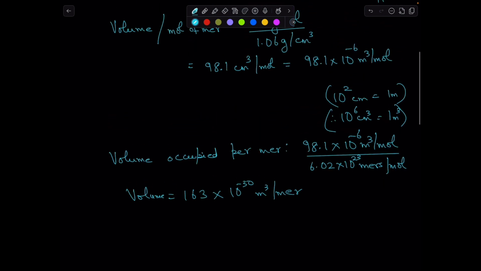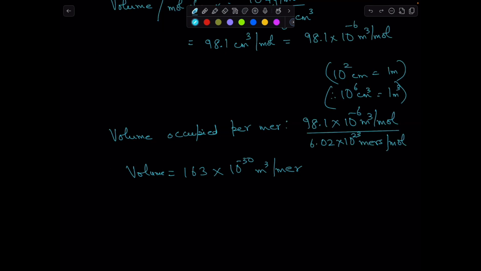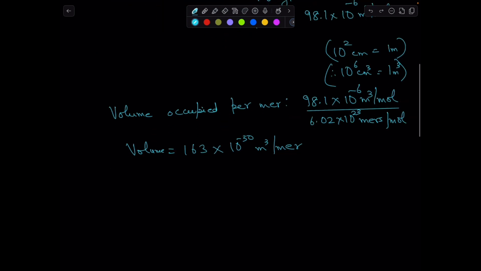Since we know that there are 2.5 milligrams of polymer per meter square, let's see what this volume translates to in terms of meter squared, that is, the surface area.